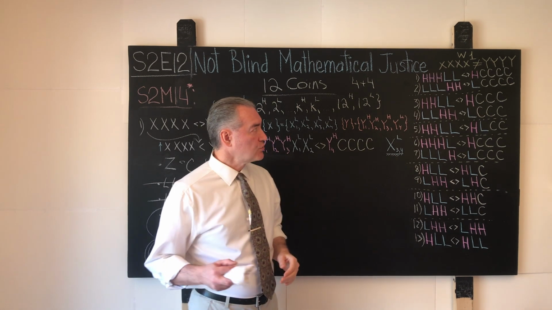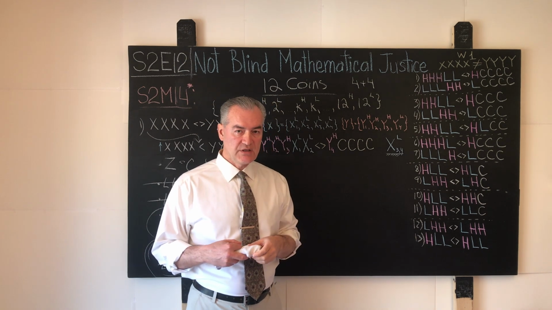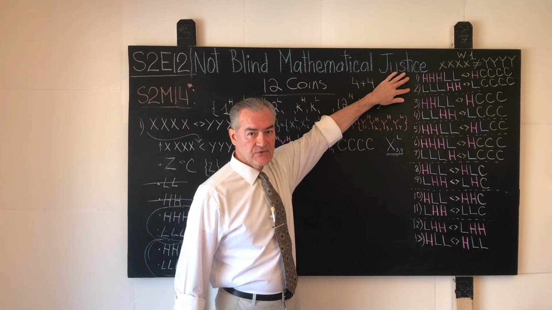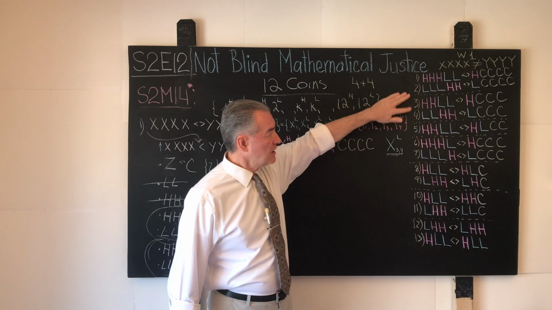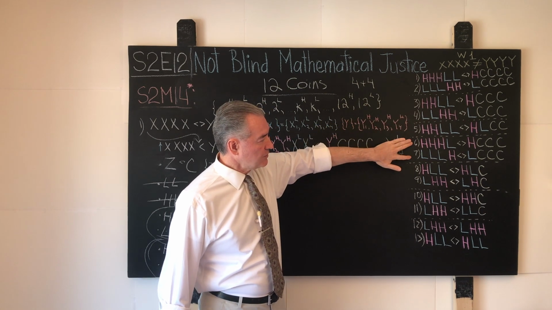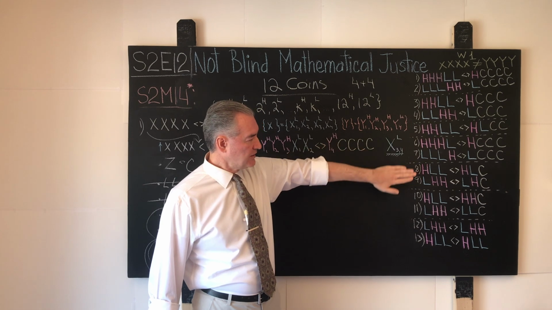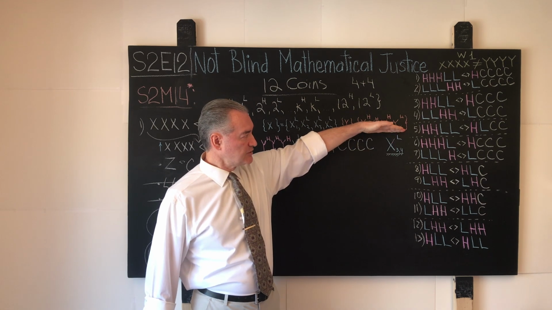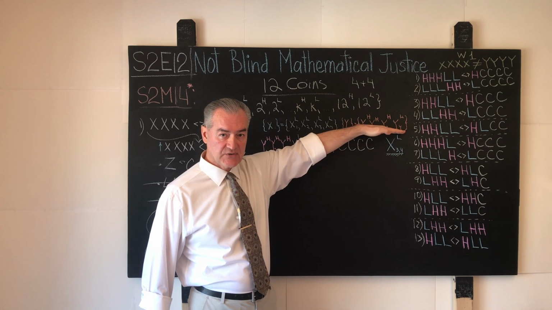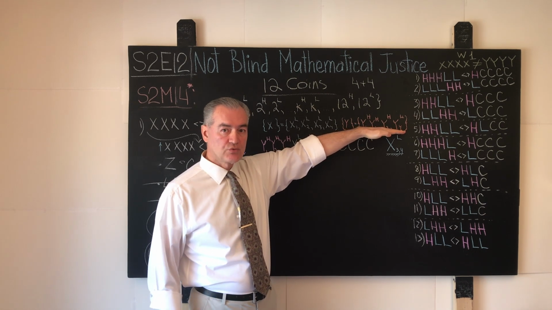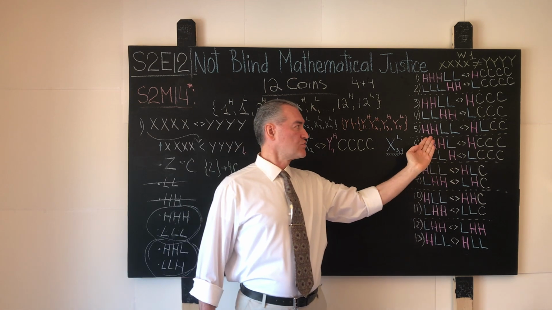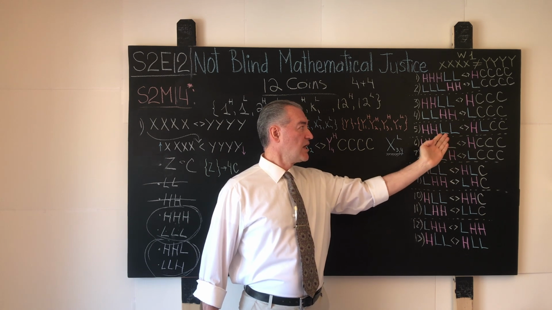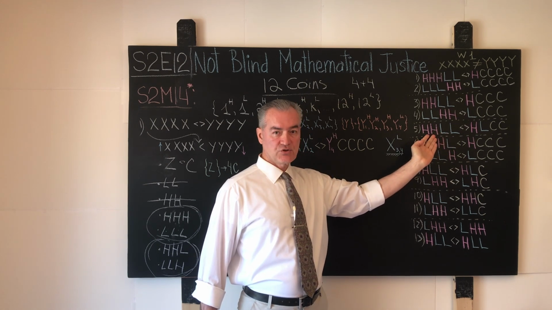Also, for your convenience, I have grouped these solutions as conjugate pairs. Here are 2 distinct 5 coins per solution. Here, here, and here we have 4 coins per, and starting from here, 3 coins per, 3 coins per, 3 coins per. And of somewhat special attention over here is the solution number 5, because that solution is its own conjugate, which means that if in that solution we replace uniformly the letters H with the letters L, we still have 2 letters L, letters L with H, they become 2 letters H again.